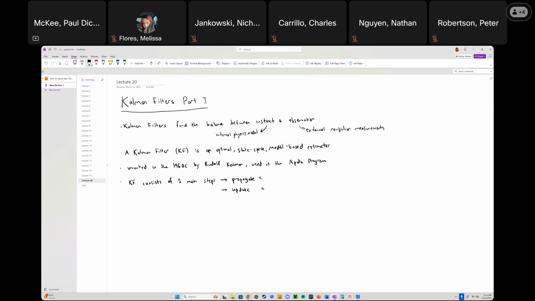Where propagate is the natural evolution of the state due to dynamics. And then update is the sudden change of the state because of new information.